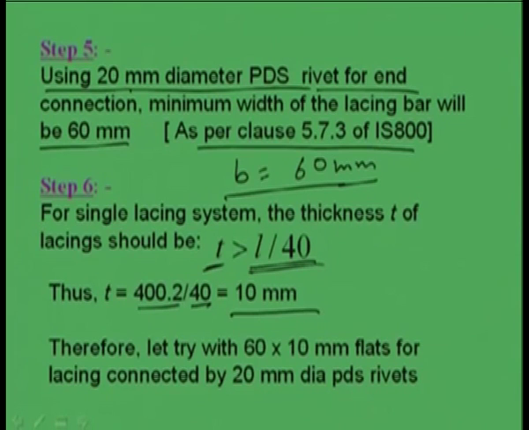So, we can try with the lacing bar as 60 by 10 dimension, using 20 mm diameter power driven soft rivet. So, these are the unknown things we were supposed to get.